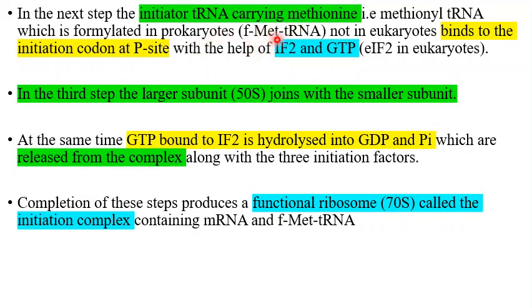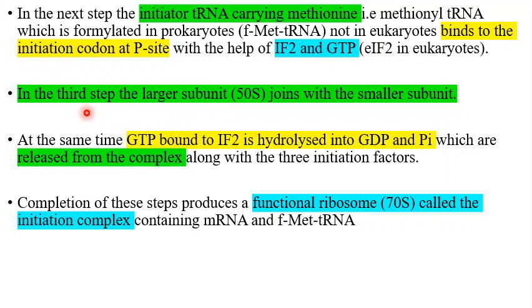So fMet-tRNA, you write it down. But formylation does not occur in eukaryotes. And this initiator tRNA will bind to the initiation codon AUG at the P site. For this, it requires the help of another initiation factor, IF2, and energy from GTP.